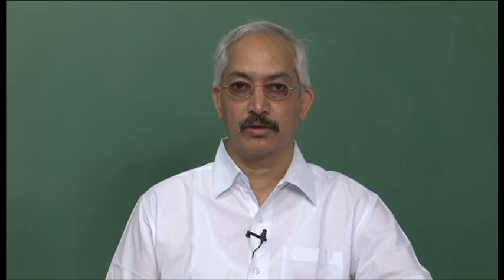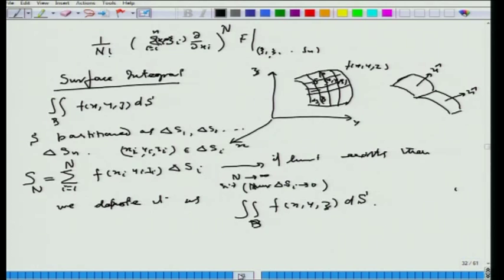In the last lecture, we discussed the concept of the surface integral, where surface B is in 3-dimensional space x, y, z, and a function f(x, y, z) is defined for each point P whose coordinates are x, y, z.